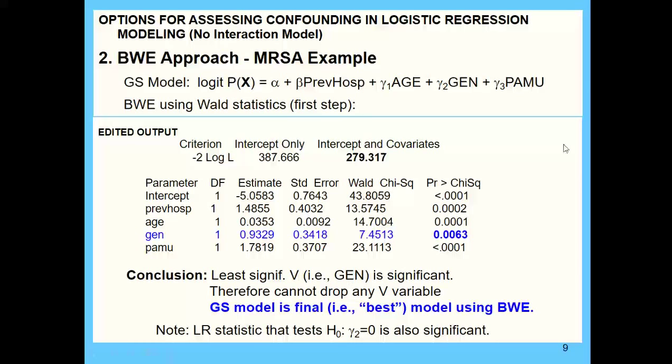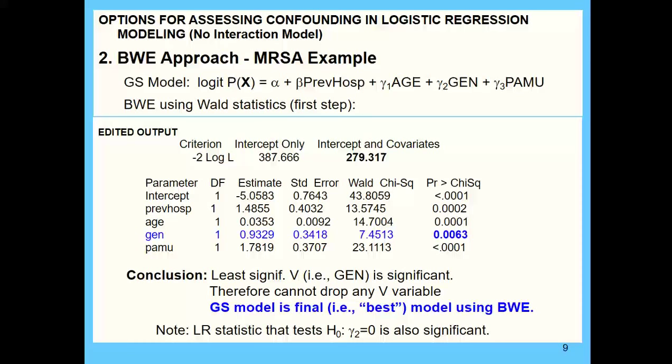Now notice that these are p-values you get when you use the Wald test. There's another test called the likelihood ratio test, and we talked about how it's better because it has better statistical properties. So it's not guaranteed to give you the same conclusions as the Wald test.